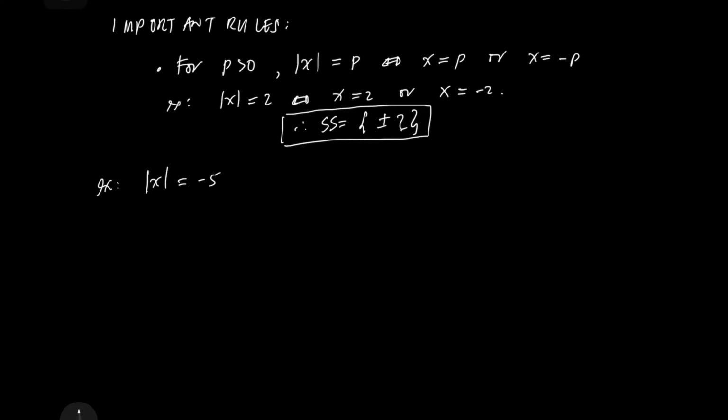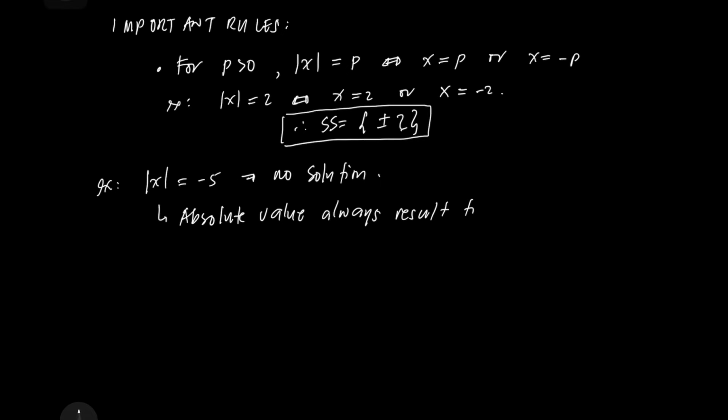And since the absolute value is equated to negative 5, this means it has no solution, because, again, absolute value always results in something positive.